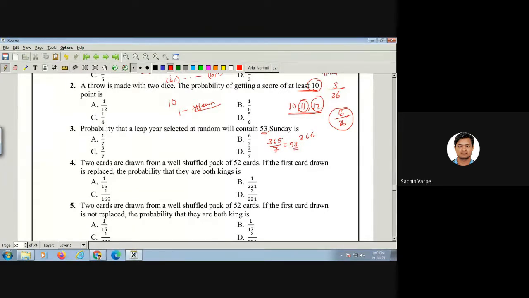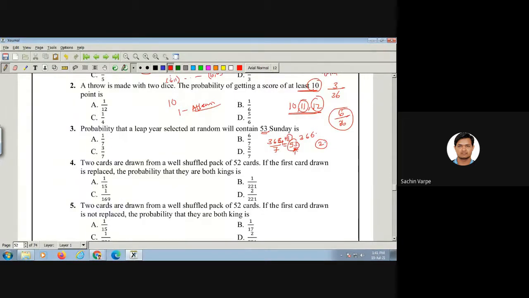For 364 divided by 7, that will be exactly 52. So there are 52 weeks, plus these extra days, so there will be 2 extra days in a leap year, right?